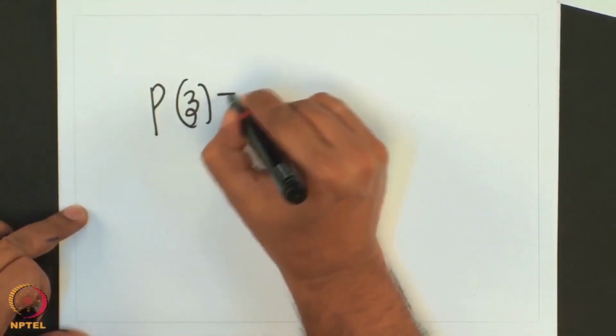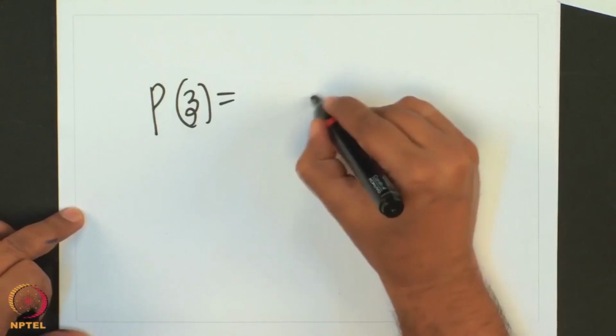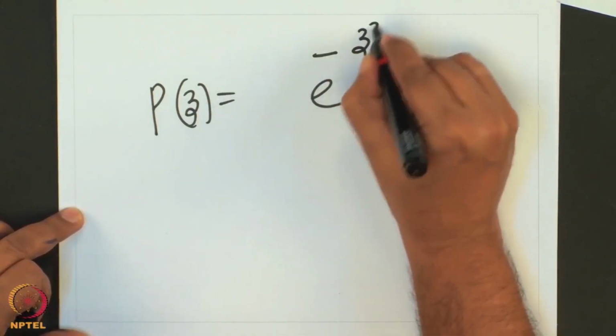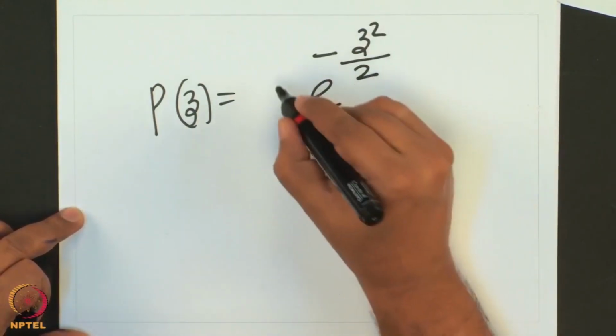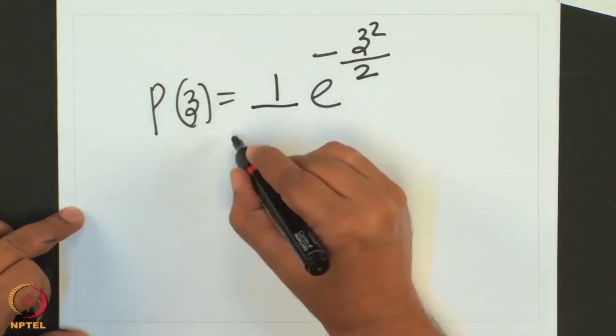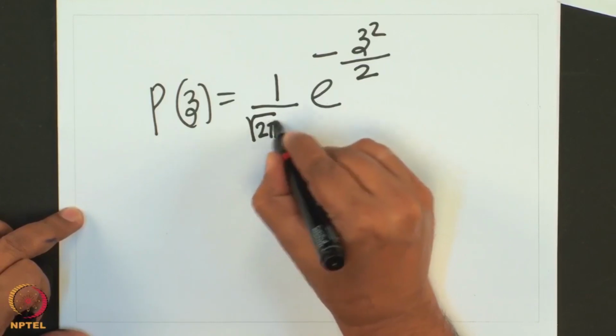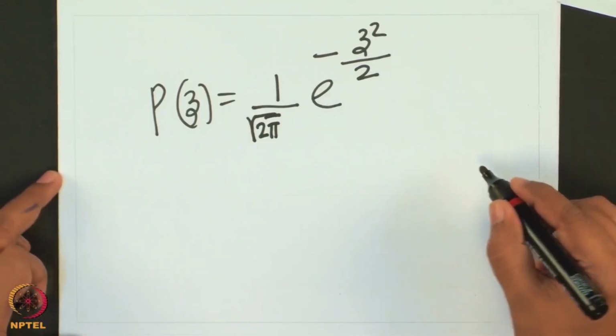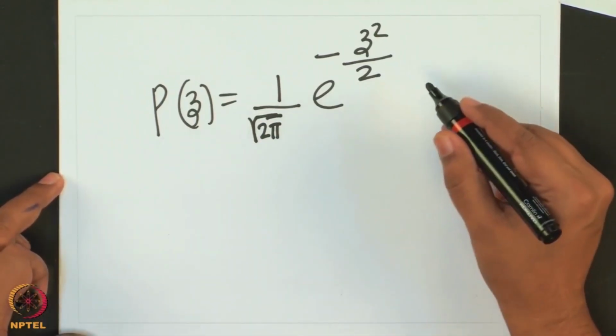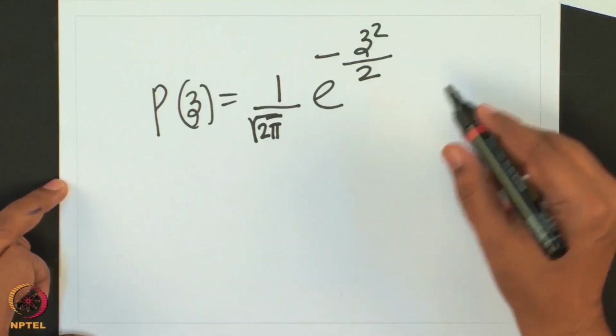Now the distribution of z would be a standard normal distribution. So what is a standard normal distribution? It is known that P of z is 1 by root 2 pi times e power minus z square by 2. What does it mean? The integral of this has to be 1.